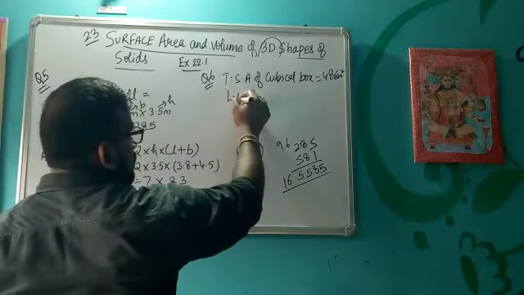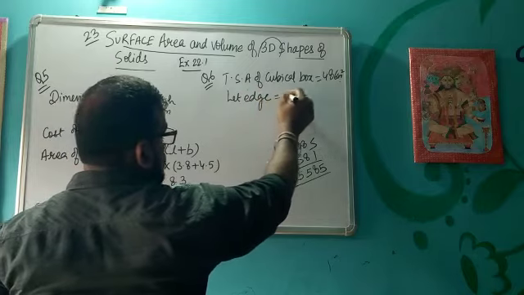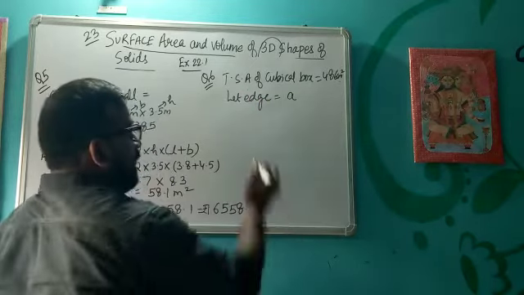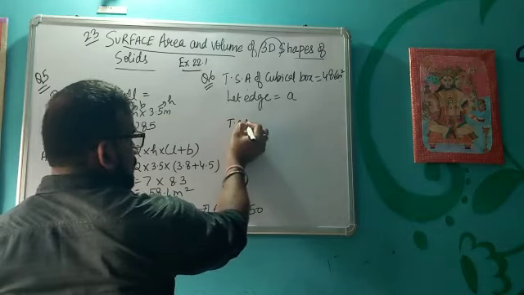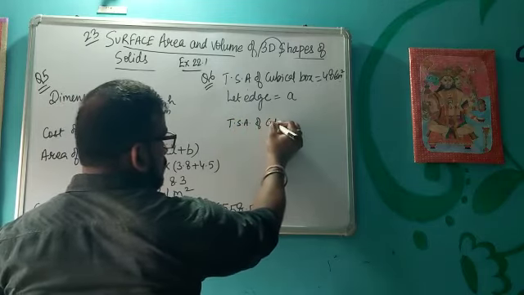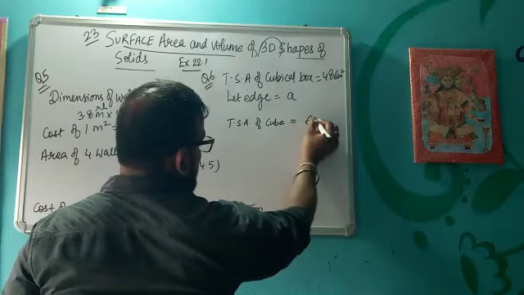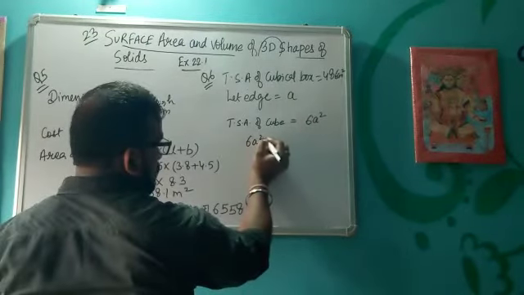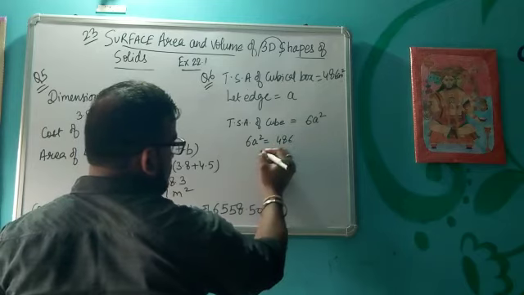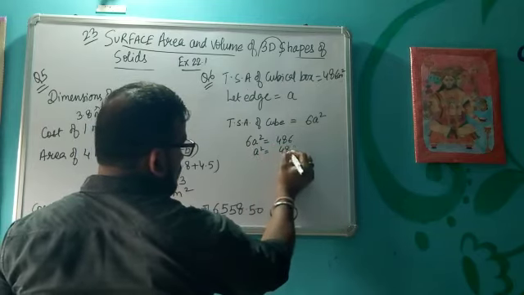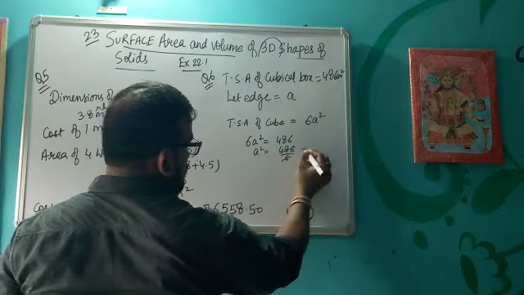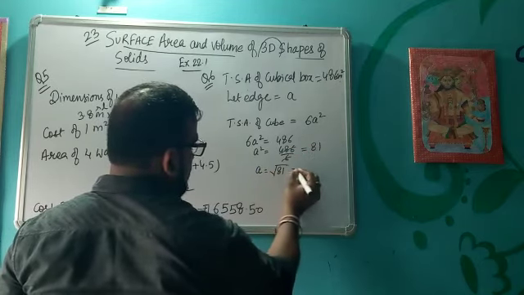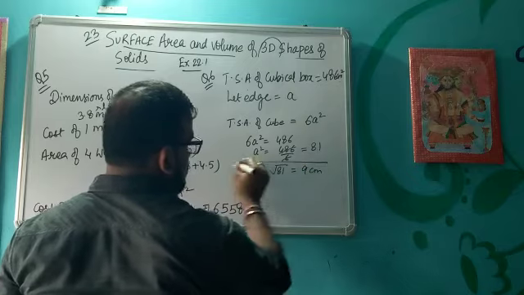So let edge be equal to A. We know that the total surface area of a cube is 6A square. So we will equate 6A square to 486. So A square will be 486 upon 6, that is 81. So A is square root of 81, that is 9 centimeter.